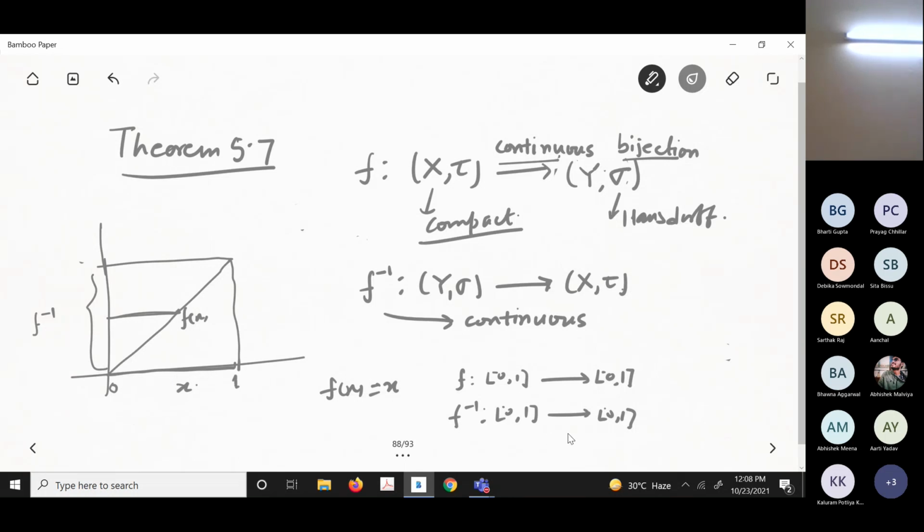Not only for the identity function. If you don't take the identity function, I can take something like a strictly increasing function.